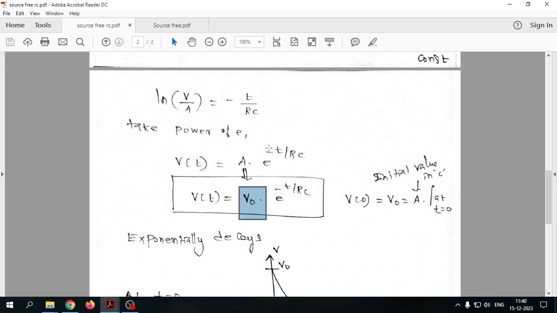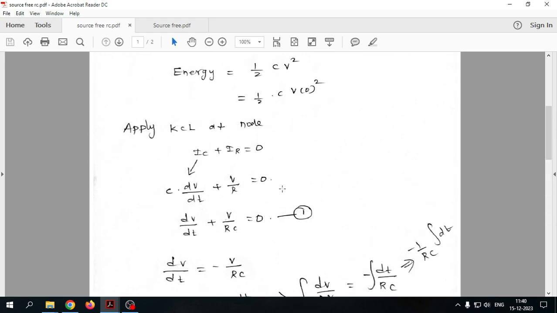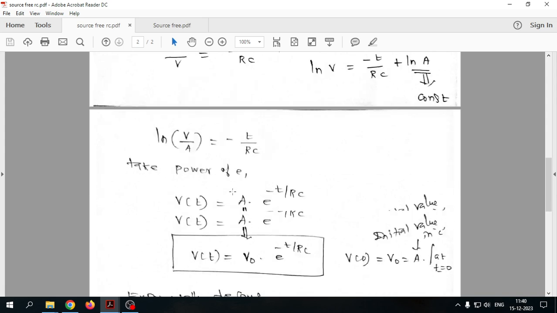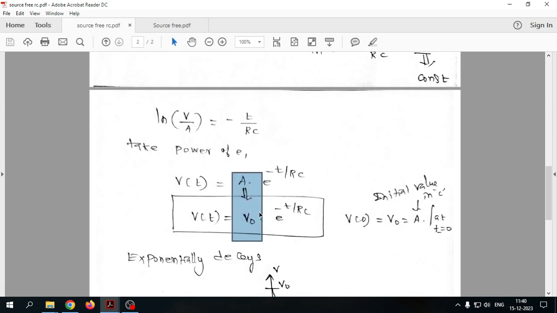This is the rate at which the energy is either discharging or storing. Since it is e power minus, this is discharging, because the value of e power minus 1, minus 2 goes on decreasing. So the initial value is v0, which is the stored energy in the capacitor, and that will change with the rate of e power minus t by RC, which is the rate of discharging.